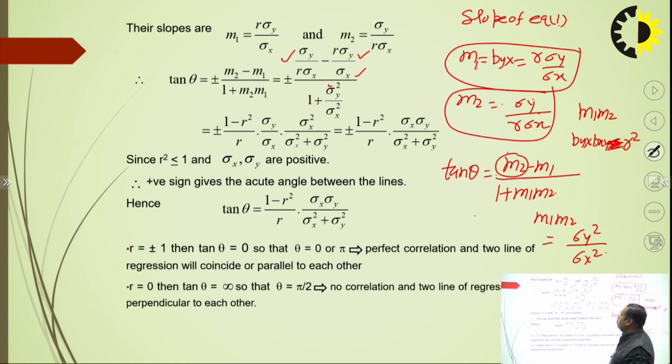Putting this value and substituting, r sigma y upon sigma x, 1 plus sigma y square upon sigma x square, and solving this we get the relation: tan theta is equal to 1 minus r square upon r, times sigma x sigma y upon sigma x square plus sigma y square.